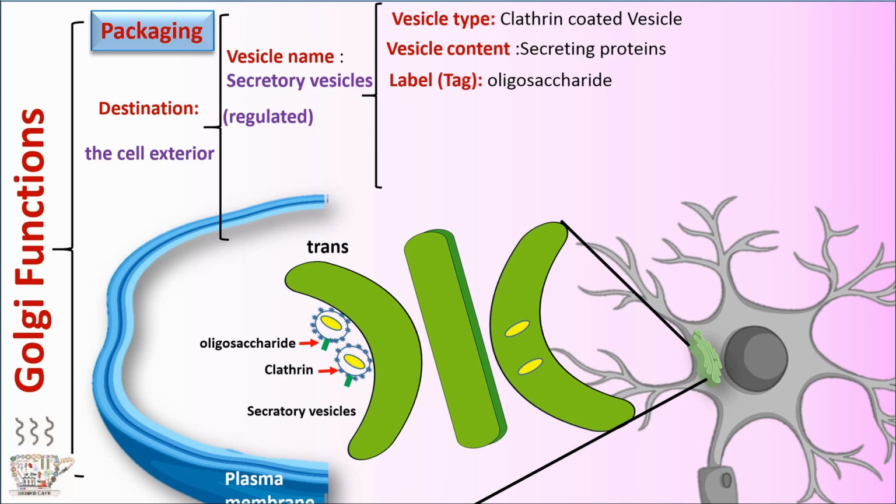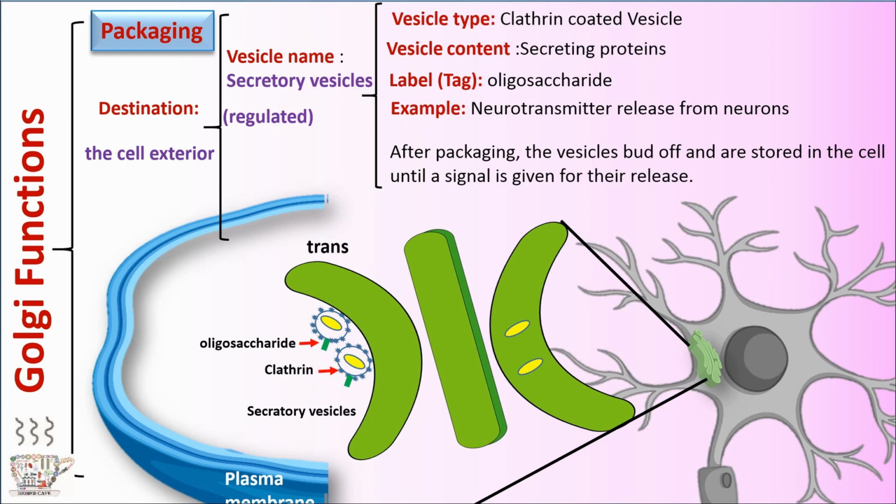Label or tag is oligosaccharide. One example of secretory vesicles is vesicle containing neurotransmitter released from neurons. After packaging, the vesicles bud off and are stored in the cell until a signal is given for their release.